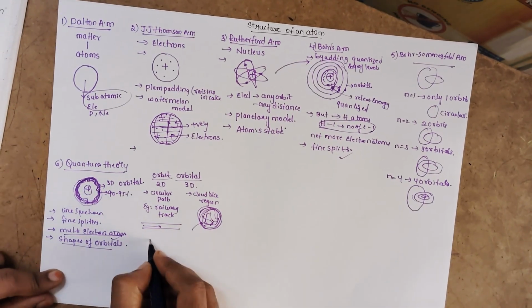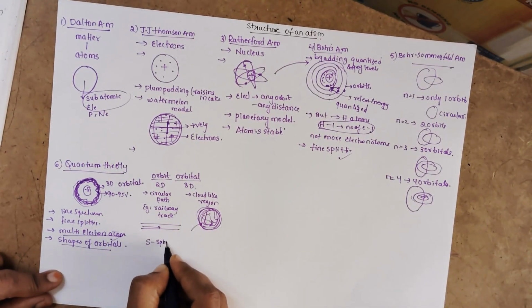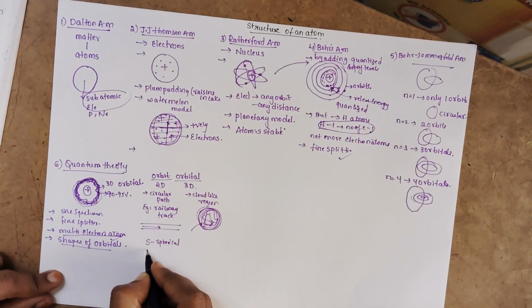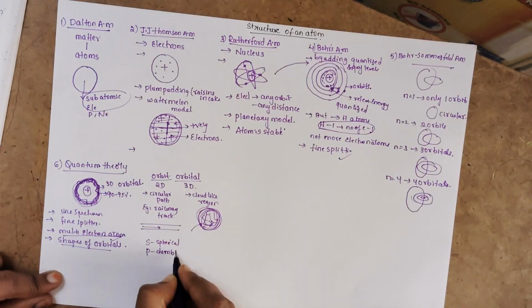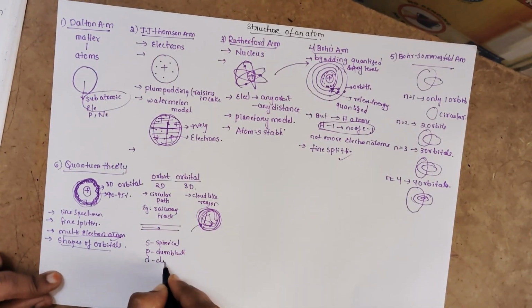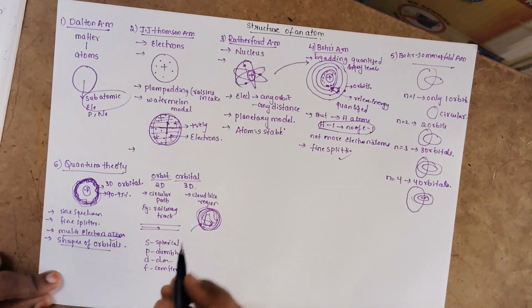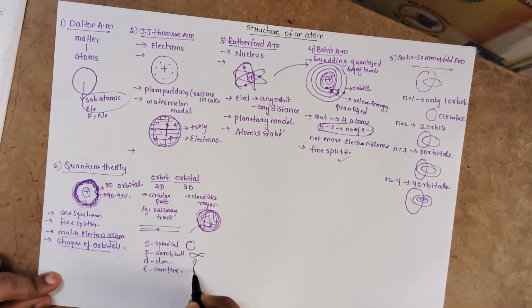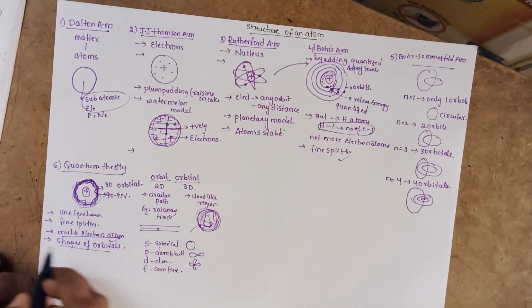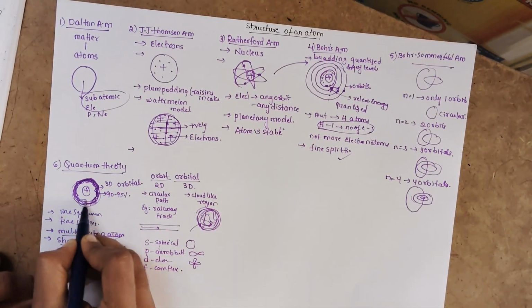Suppose s is spherical in shape, p is dumbbell, d is double dumbbell, f is complex shape. We know this. Spherical means like this, dumbbell means like this, double dumbbell means in the clover shape. Now this is the spherical orbital.